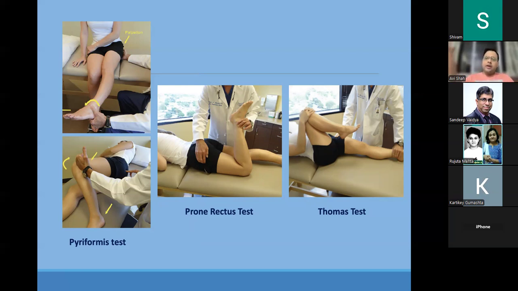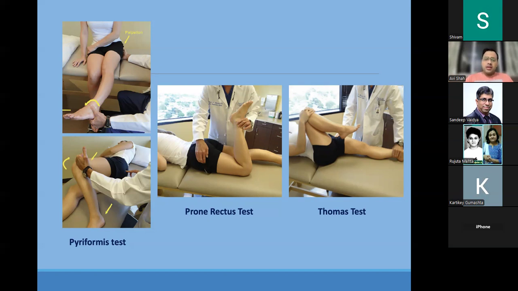Put your hand just near the ischial tuberosity. Then you extend the knee, and start adducting and internally rotating. Once you start doing that, you may either feel some tightness at the posterior part, or the patient will start feeling pain near the buttock.